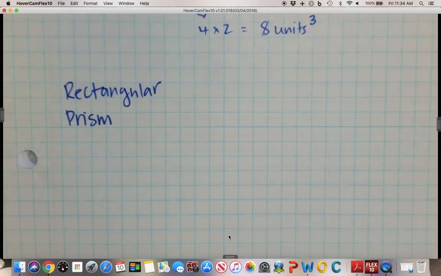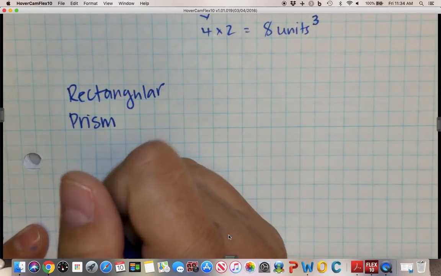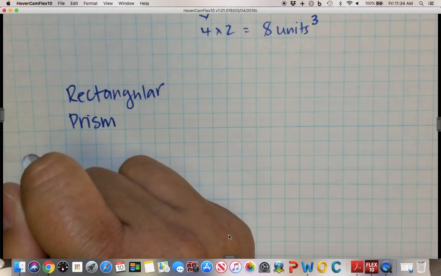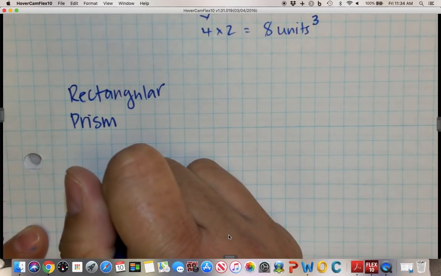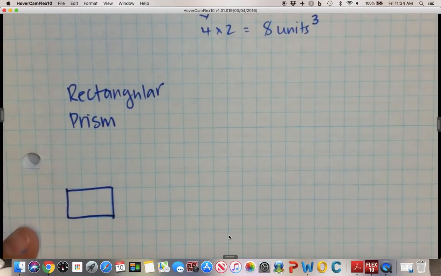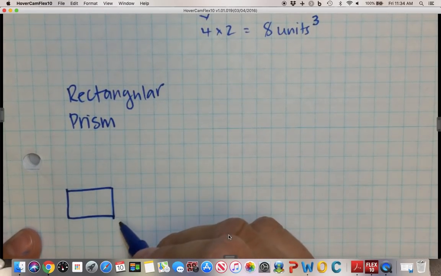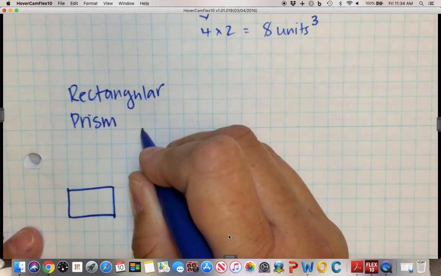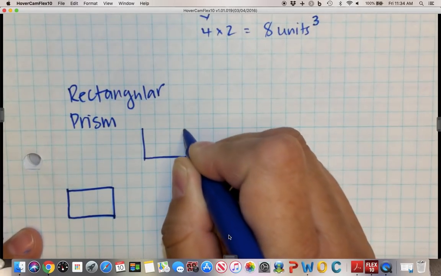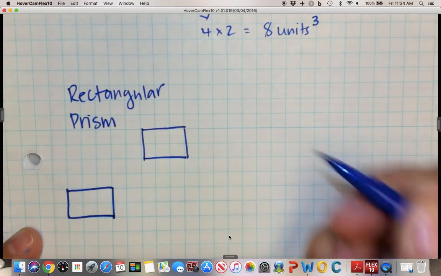Alright, with the rectangular prism, I'm going to use the same rectangular prism that we drew before. So I'm going to draw a 2 by 3 rectangle. And a 2 by 3 rectangle.